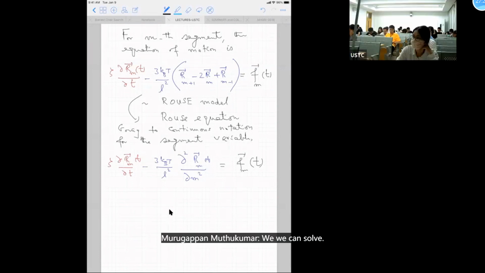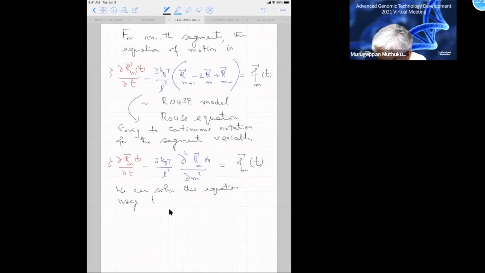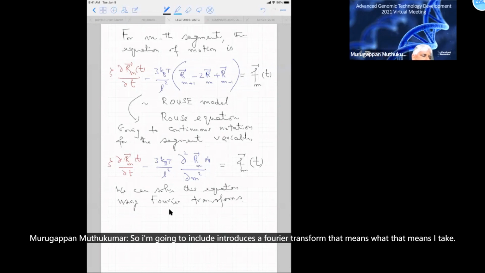We can solve this equation using Fourier transforms. So I'm going to introduce the Fourier transform.